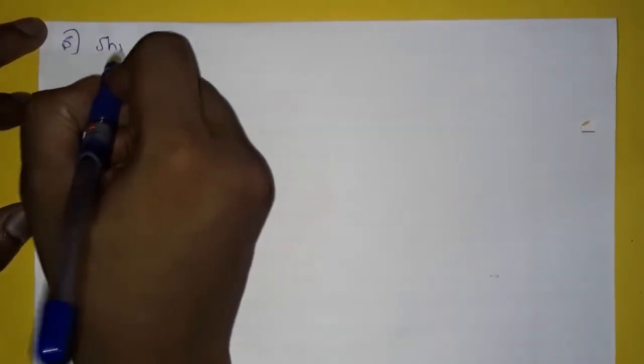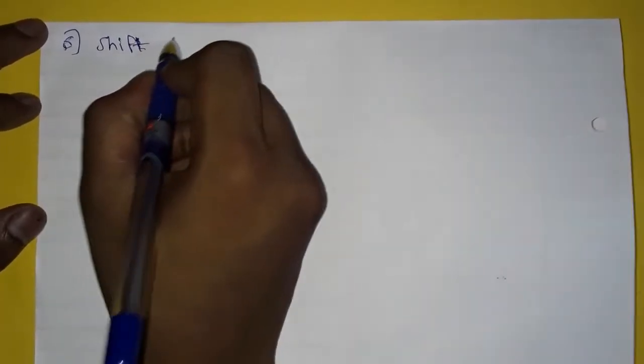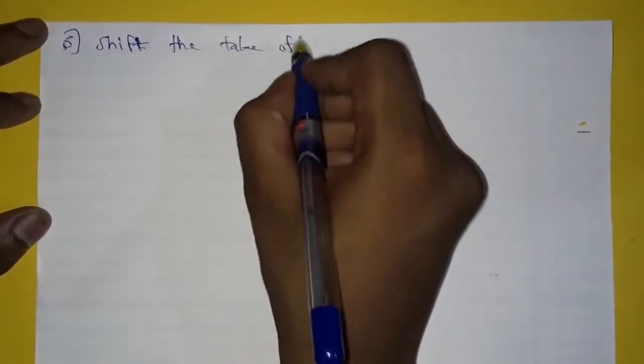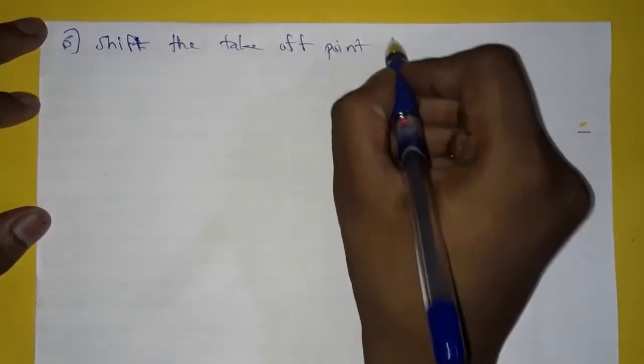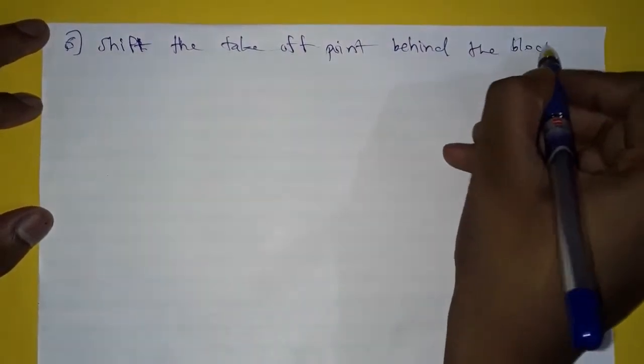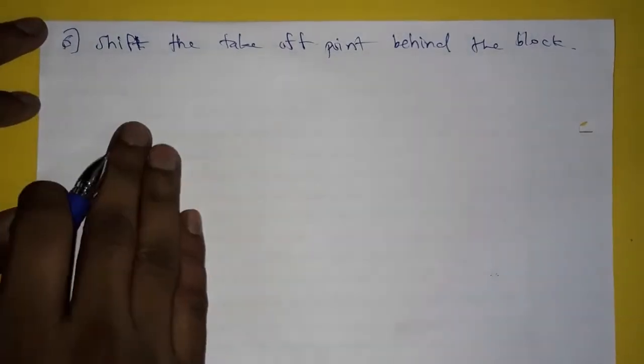Sixth is shift the takeoff point behind the block. In this case, we will shift the takeoff point behind the block.